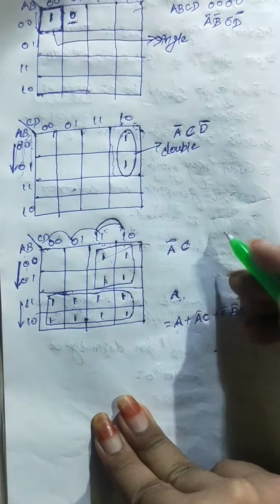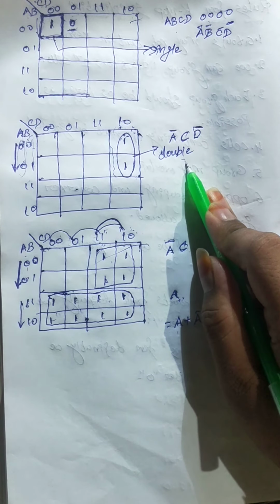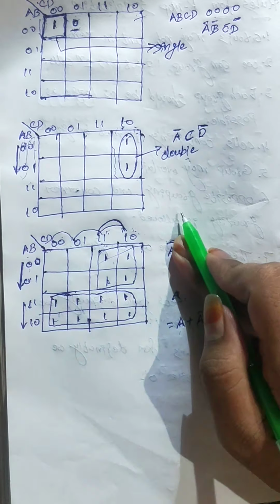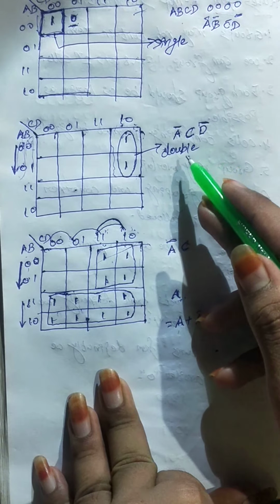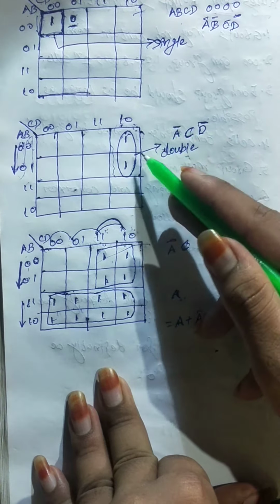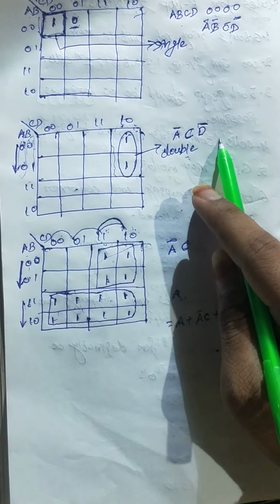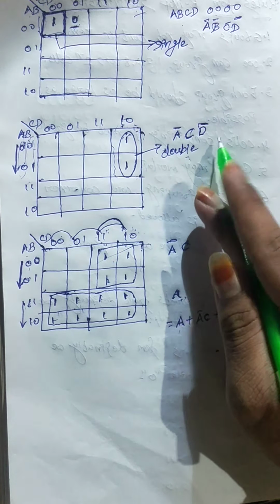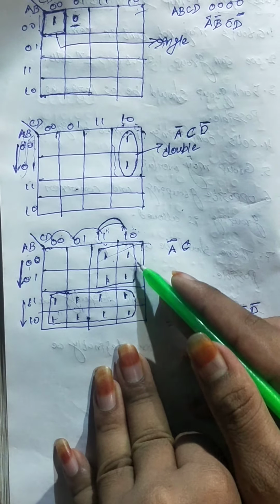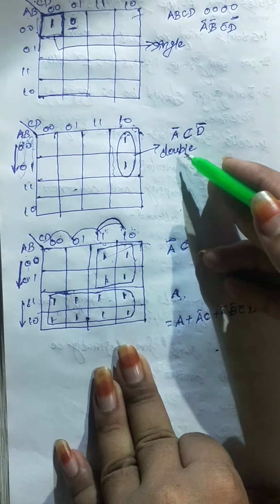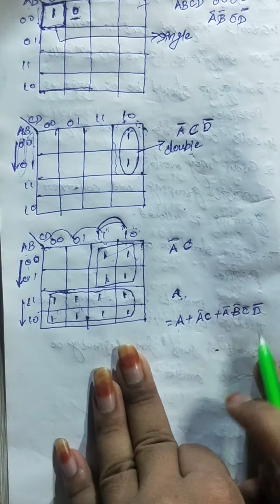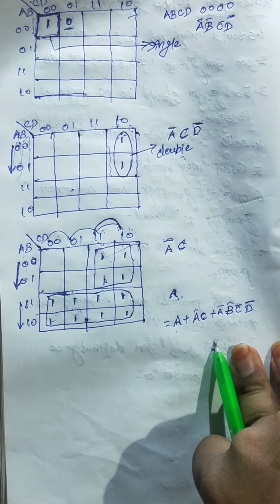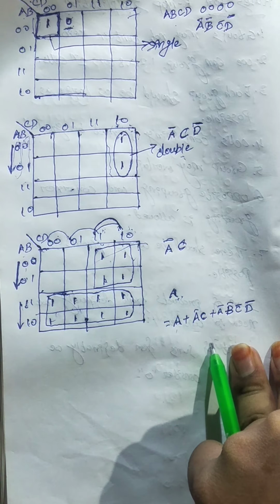We don't consider the double. Whenever quad is present, we need not take double. Where octal is not present, then the double is taken. Therefore this is the final expression, the addition of all prime implicants.